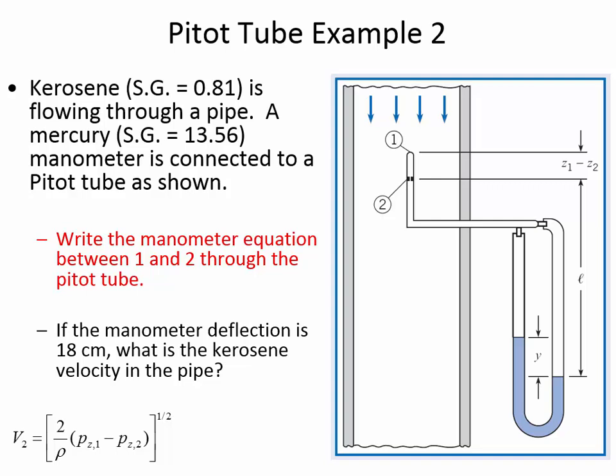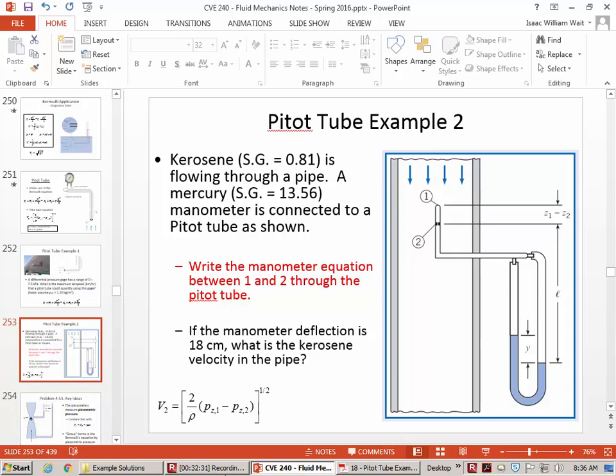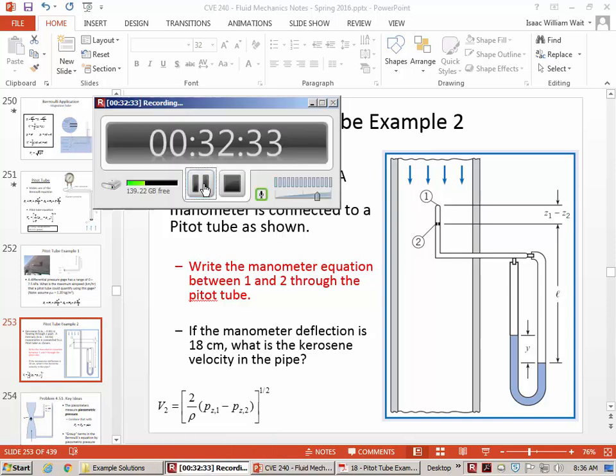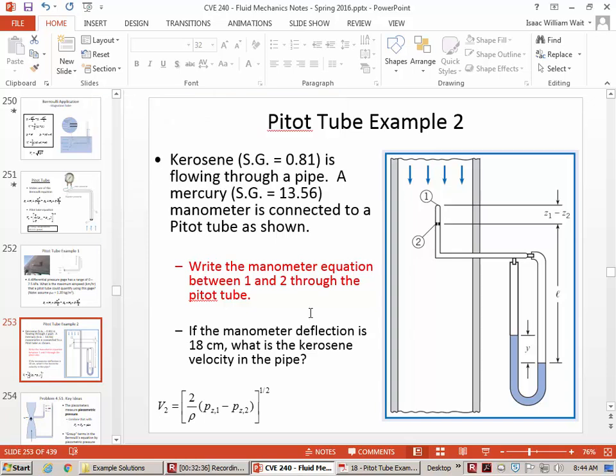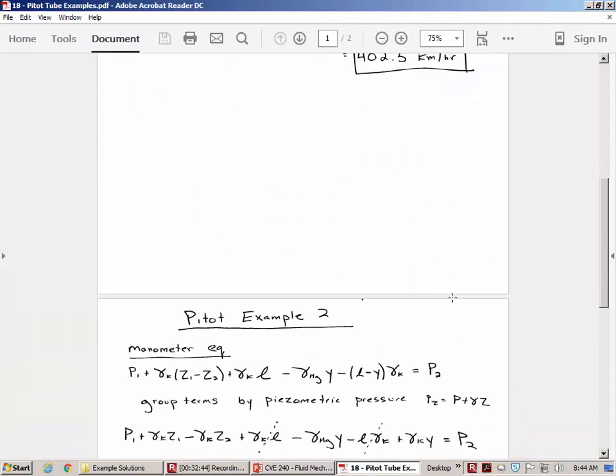Remember that P sub Z1 means P1 plus gamma Z1, and so on. All right? So let me get you started on your problem solving, and I'll be circulating around with the solution for this one. What becomes tricky about this problem isn't necessarily the fluid mechanics, but maybe the algebra. Let me show you what I mean.